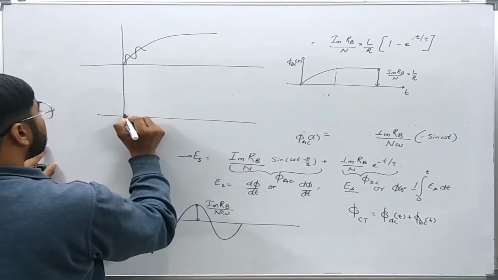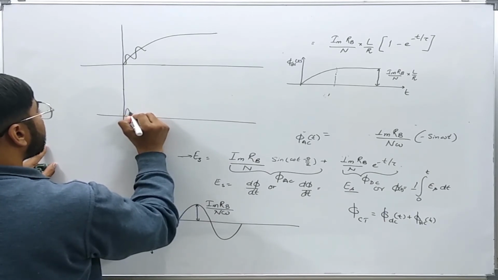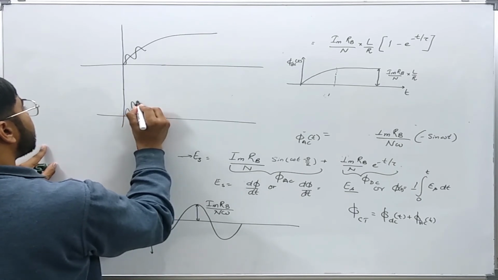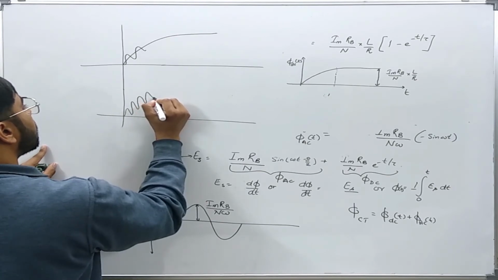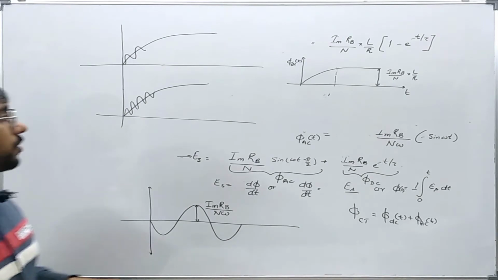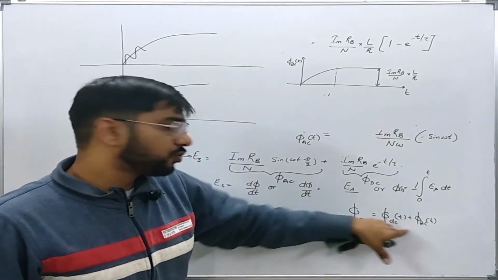Initially it will be 0, then like this, it will increase like this, and like this it will change. Okay, so after the saturation I cannot use this superposition.